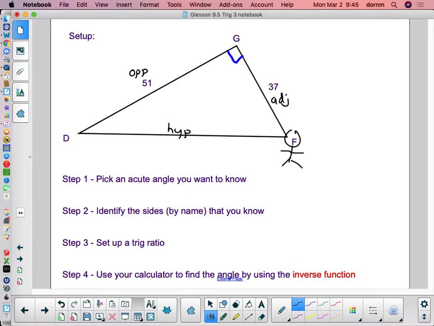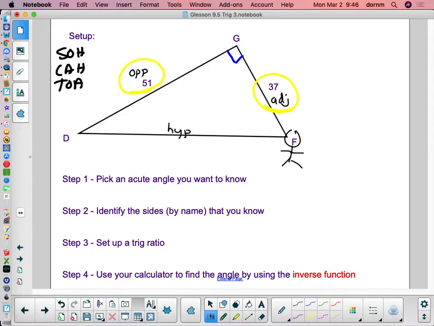We pick a trig ratio and we set up our trig ratio with our unknown being an angle. So the sides that are in play right now are the opposite and the adjacent. So if I have my SOHCAHTOA written up here, which function is opposite and adjacent?